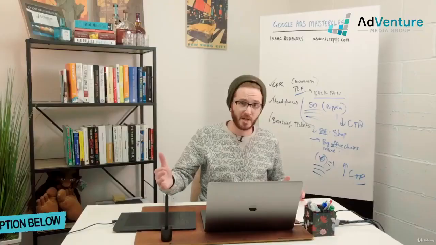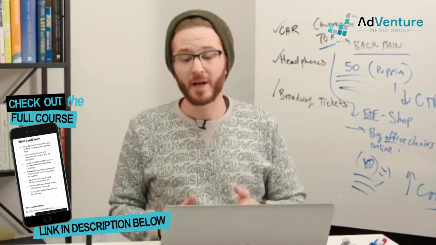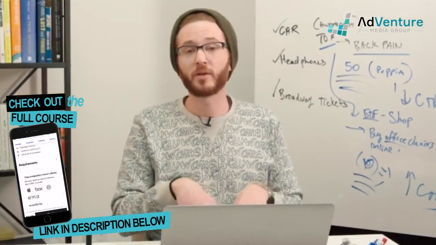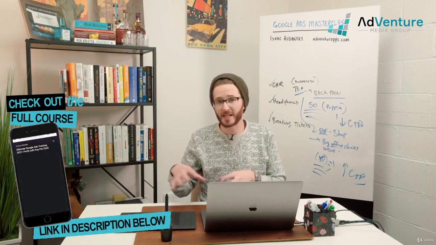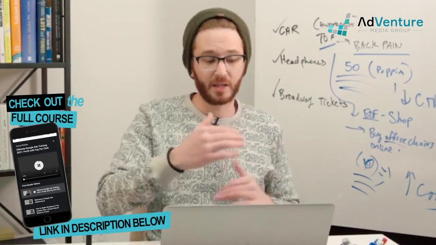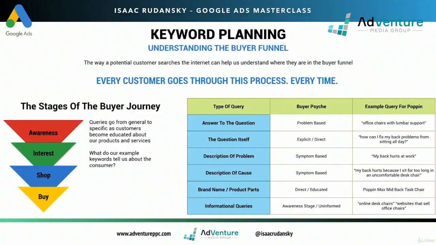We've been discussing the different stages of the buyer's funnel, but more importantly now, drilling into specific buyer psyches and the search terms that are categorized by buyer psyche, where they fall in the different stages of the buyer's funnel. Now I want to point something out.